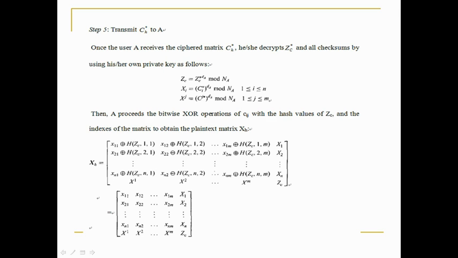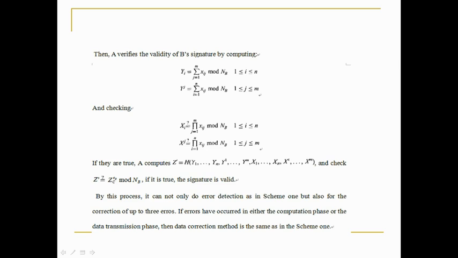Then A verifies the validity of B's signature by computing these two formulas and checking them. If they are true, A computes this formula and checks this one. If it is true, then the signature is valid.